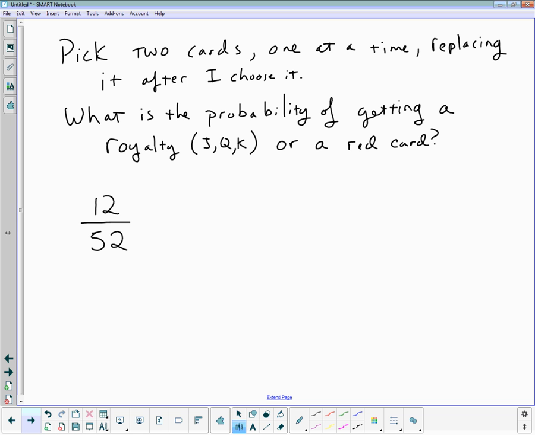So, and what's the probability of getting a red card? But what about getting a red royalty?